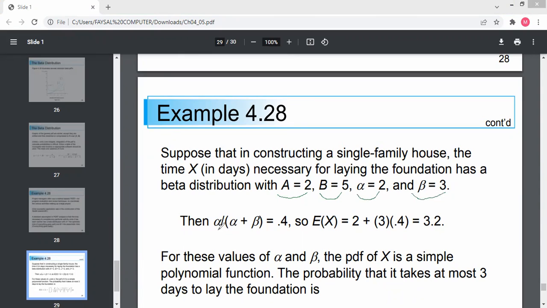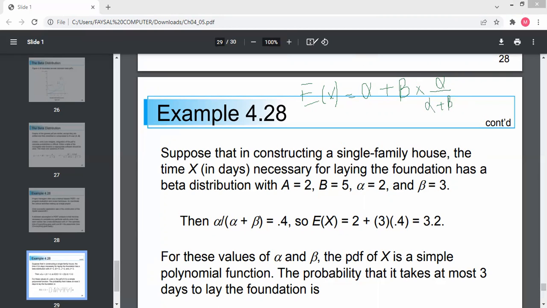Then alpha upon alpha plus beta equals 0.4. E of x I have to find by using the formula: alpha plus beta multiplied by alpha upon alpha plus beta.